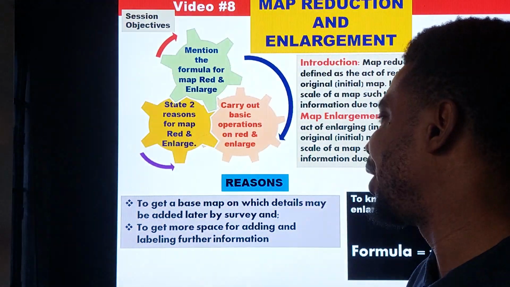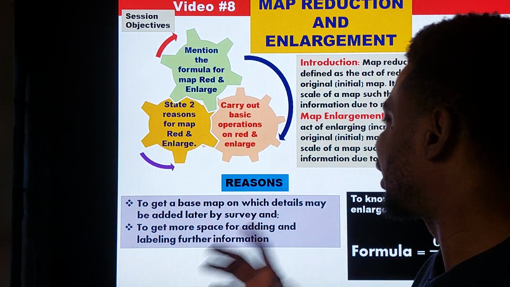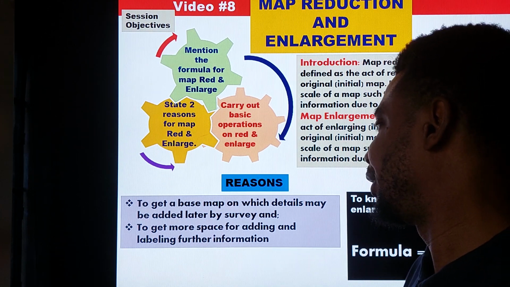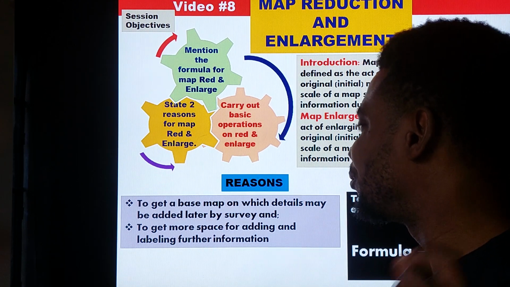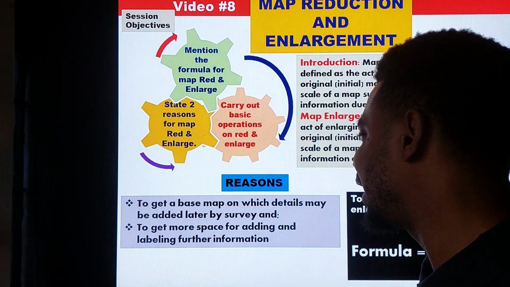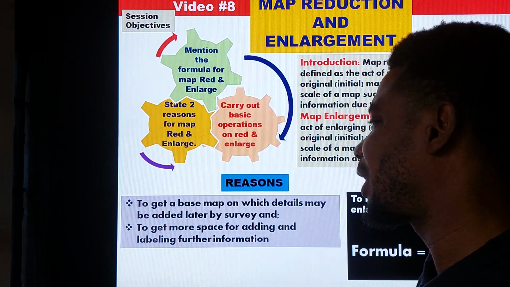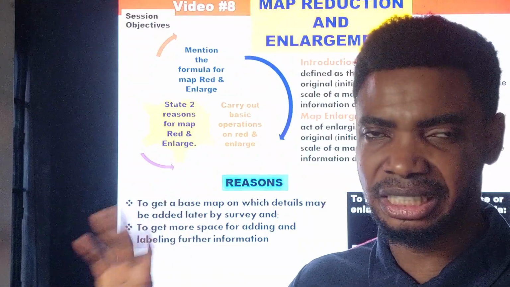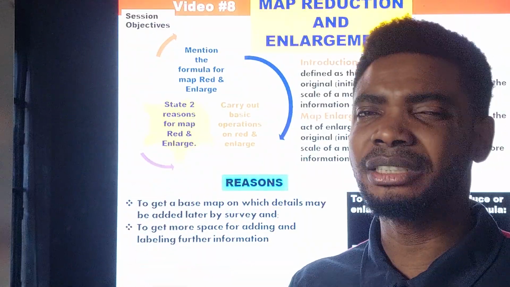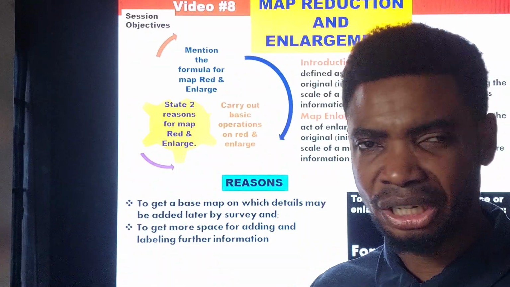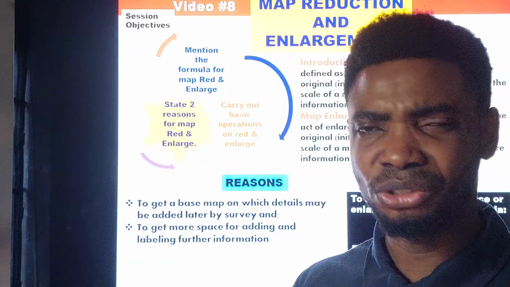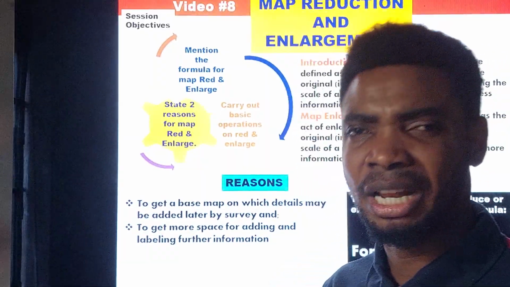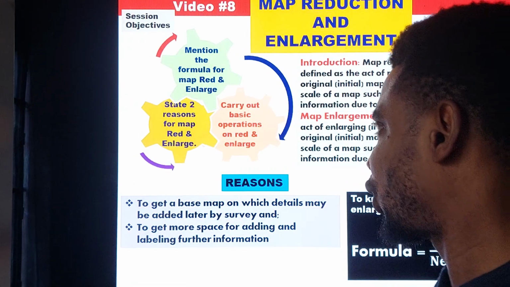To get a base map on which details may be added later by survey, and to get more space for adding and labeling further information. These are the two basic reasons why we carry out reduction or enlargement, whichever one we want to carry out at a particular time and space.